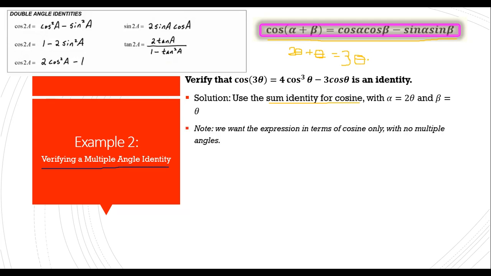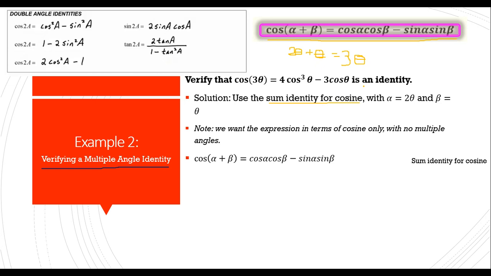So, we want this expression in terms of cosine only, because check it out, the right-hand side over here is in terms of only cosine. So let's start it off, right? Cosine of alpha plus beta is cosine alpha cosine beta minus sine alpha sine beta. I'm just starting with the cosine sum identity.